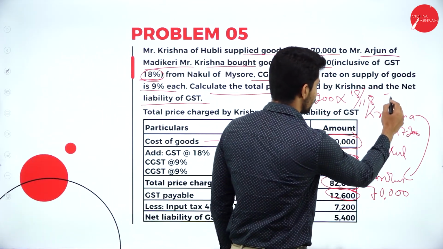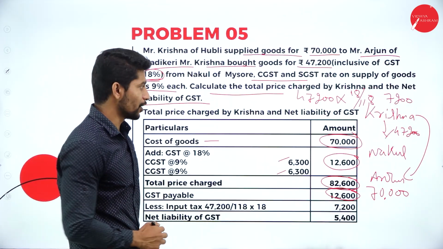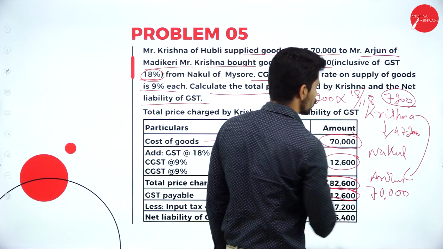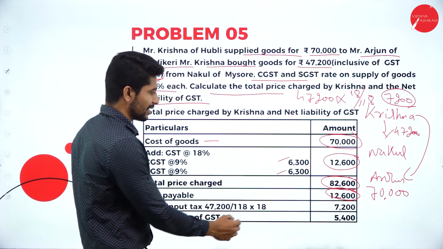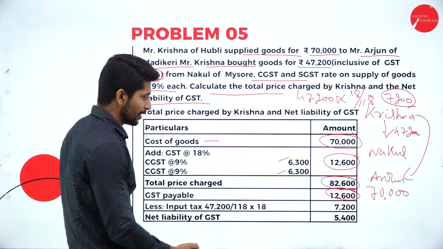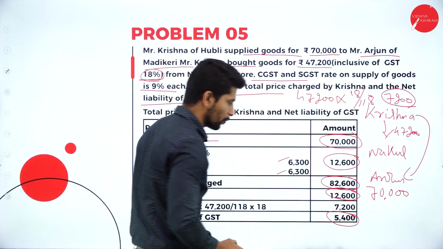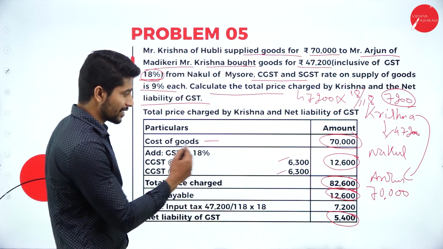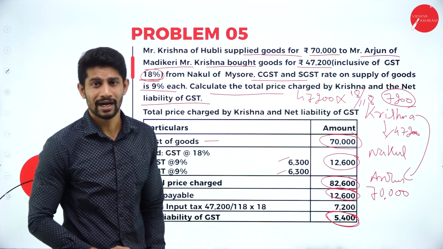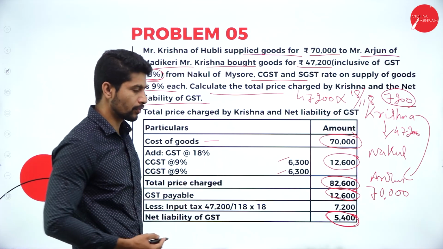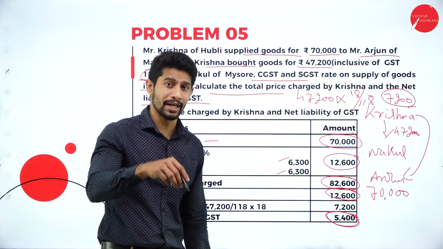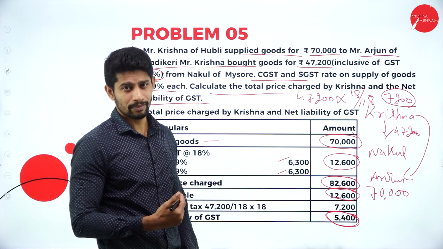Obviously, you will get 7,200. That means the value of supply is 40,000 and the GST is 7,200. So here deduct that 7,200. The balance is how much? 5,400. So now, what is the net GST payable? Net GST payable is 5,400. So this is how you are supposed to compute the net GST payable by setting off the GST already paid at the time of purchasing the product.